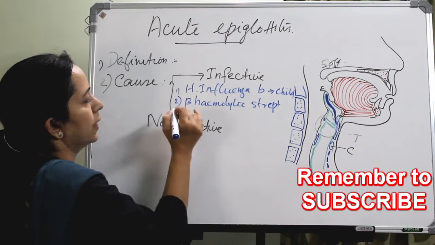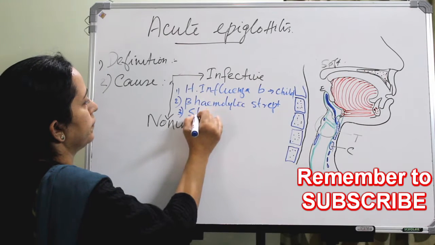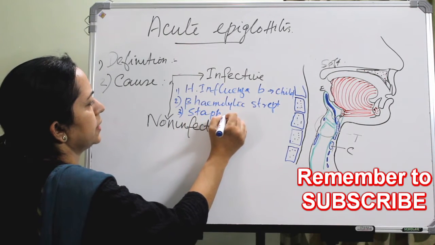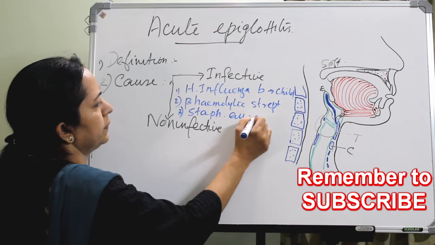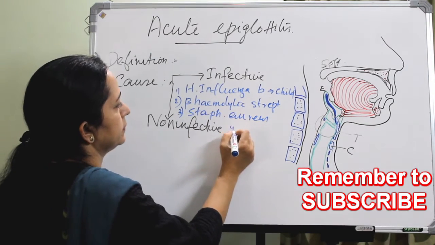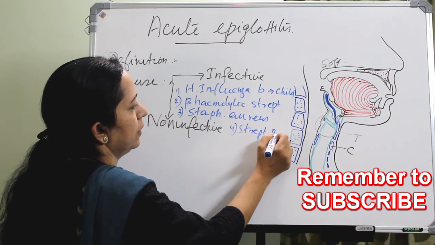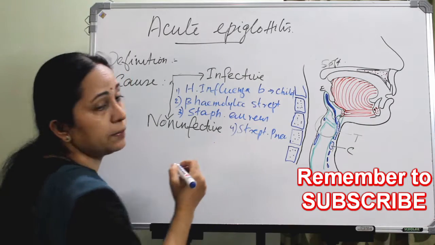It can be due to Staph aureus also. There are so many organisms; I am telling only the commonest ones. Then Streptococcus pneumoniae can cause acute epiglottitis. Sometimes Klebsiella will also cause this.